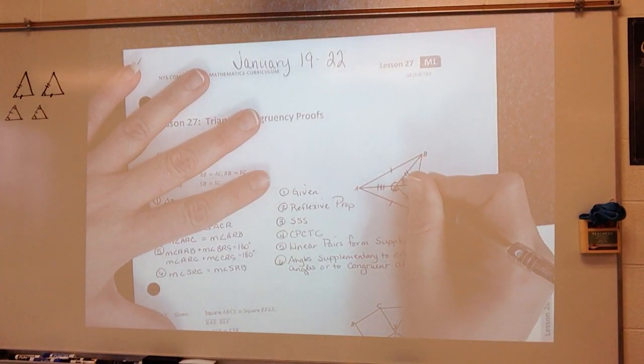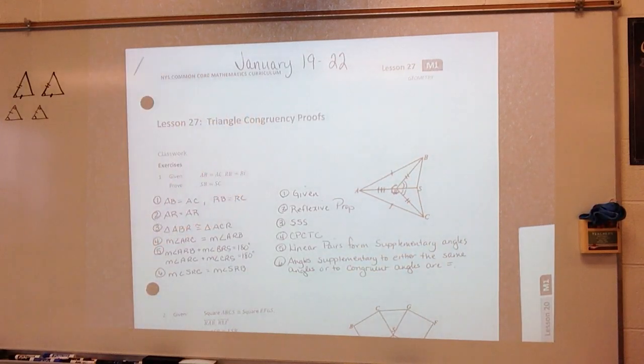Okay, so I now know that these two angles are equal.